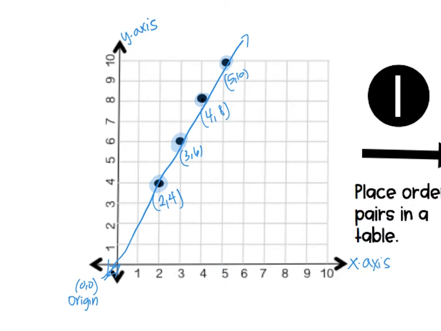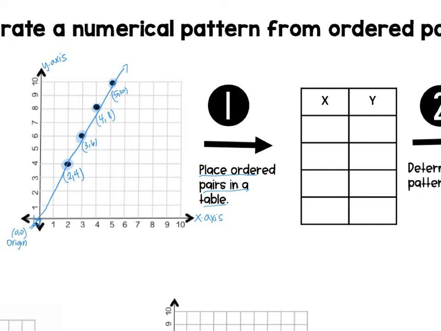Now that we have our coordinate grid labeled, we can go ahead and place the ordered pairs in the table. So here we have our table, and we remember that when we have an ordered pair, our first number is x, and our second number is our y.